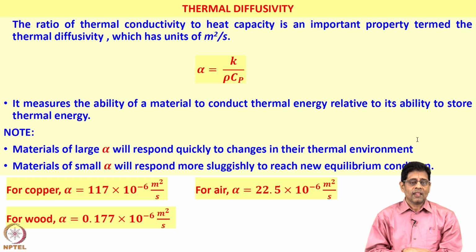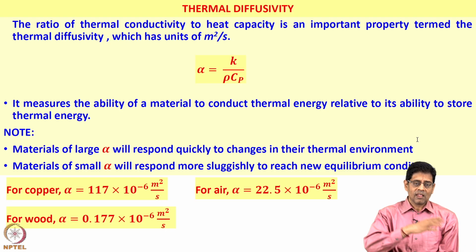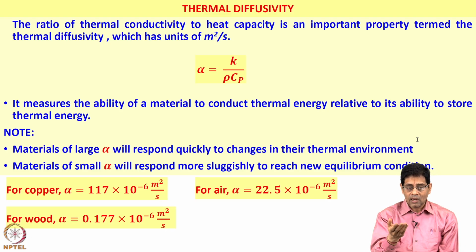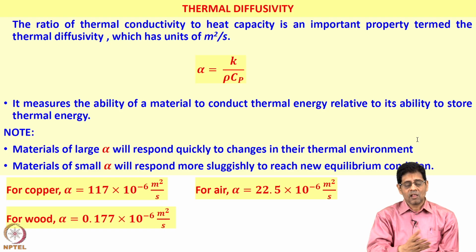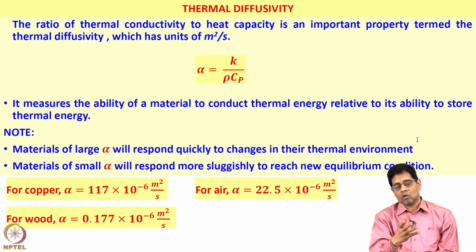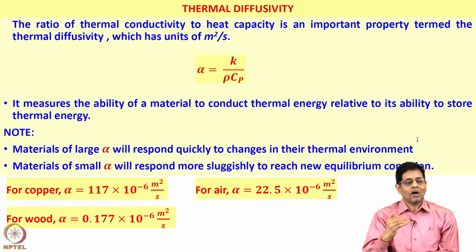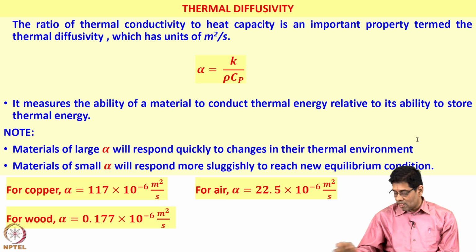Copper is about 117 into 10 to the power minus 6, because K is about 400. For an insulating substance like wood, it is 0.0177 into 10 to the power minus 6. For air, it is about 22.5 into 10 to the power minus 6. Look at it: one is of the order 100, another of the order tens, and the other of the order 0.1 or 0.2. So, a couple of orders of magnitude spread is there in the values of thermal diffusivity.